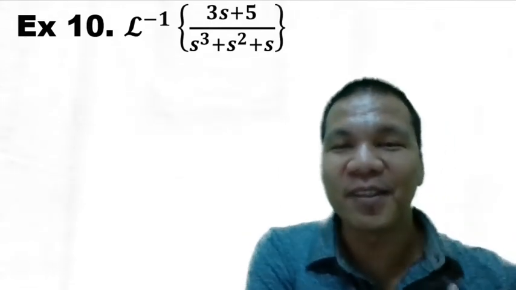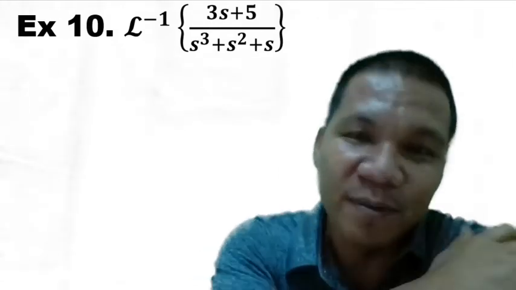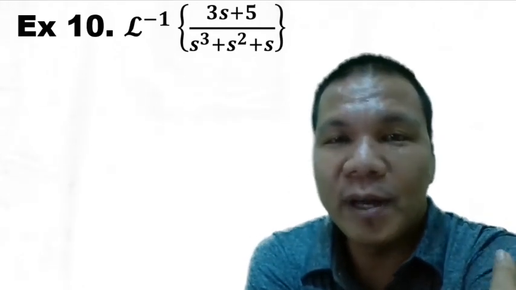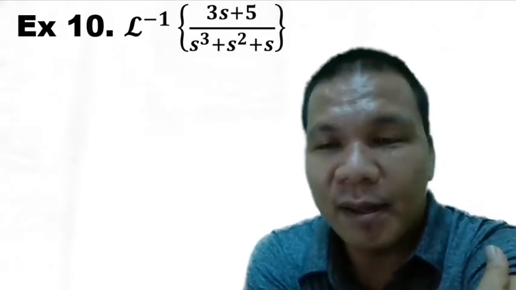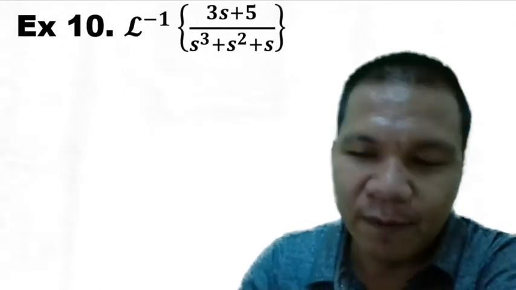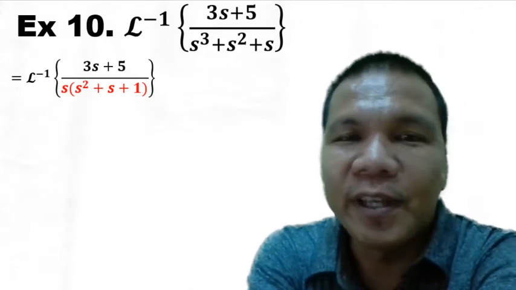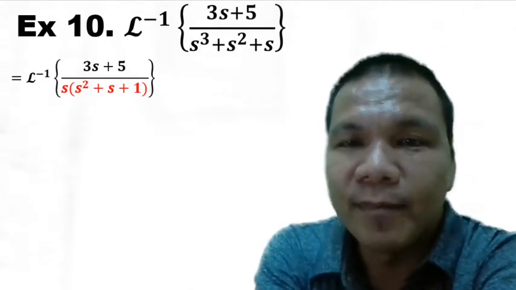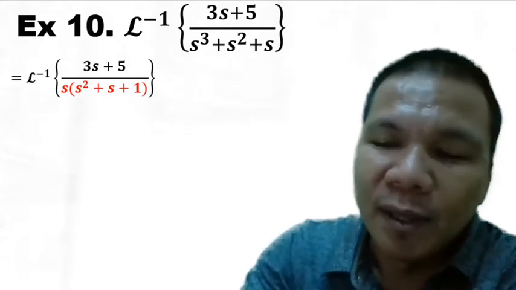Now this involves quadratic factors. So I have here 3s plus 5 all over s cubed plus s squared plus s. Take note, we need to factor out the denominator completely. So factoring out the denominator will lead you to a quadratic factor.